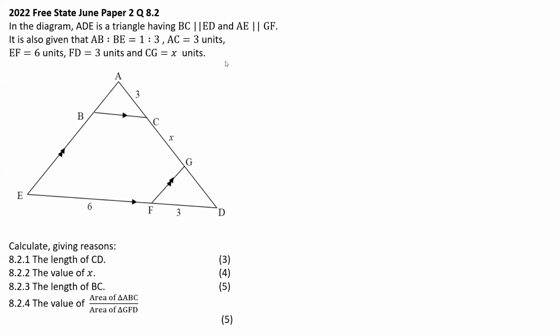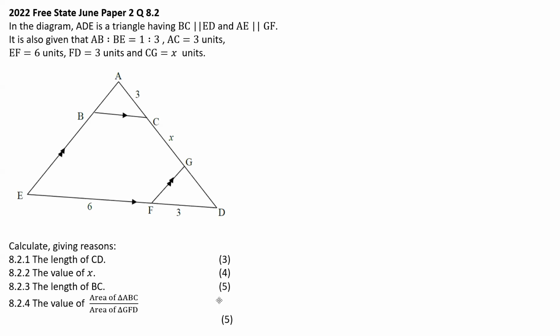2022, Free State, June, paper 2, question 8.2. In the diagram, ADE is a triangle having BC parallel to ED and AE parallel to GF. All is also on the diagram.